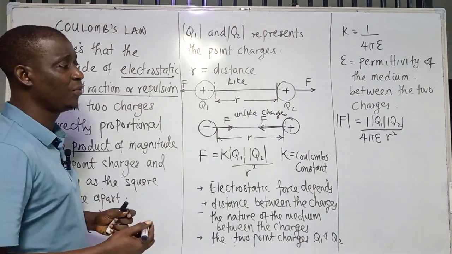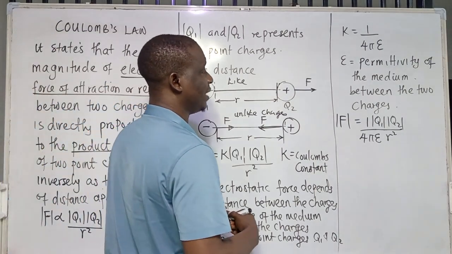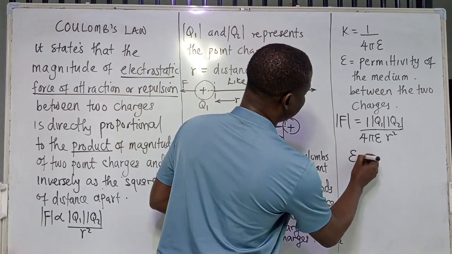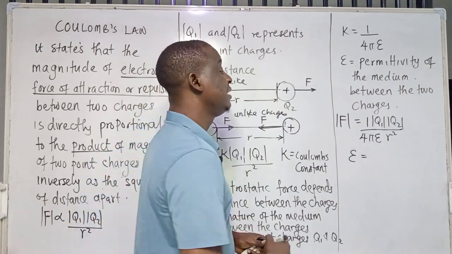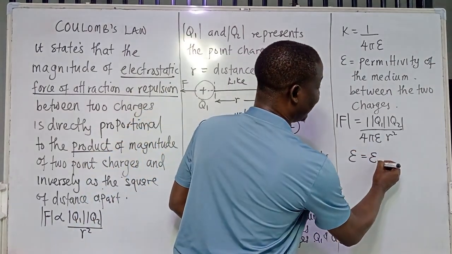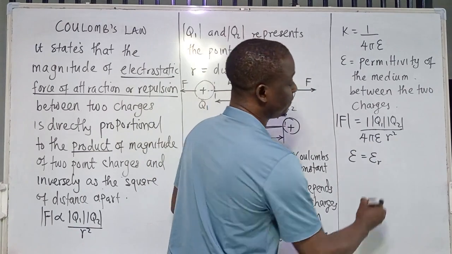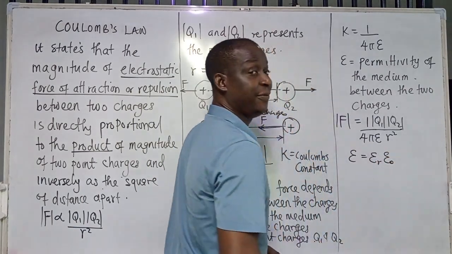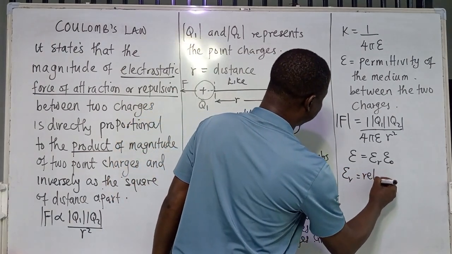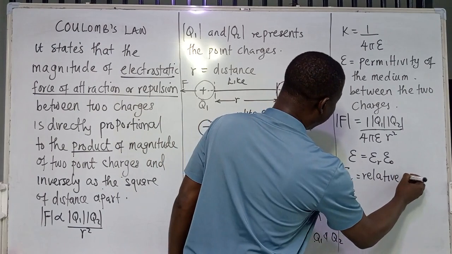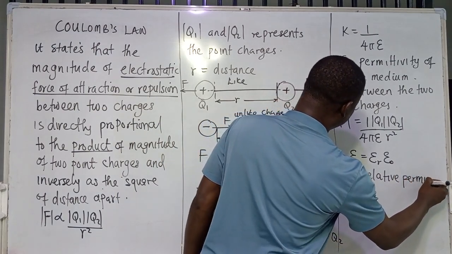But we can reduce this formula, because epsilon, the permittivity of the medium, is the product of the relative permittivity and the permittivity of free space. This one is called the relative permittivity.